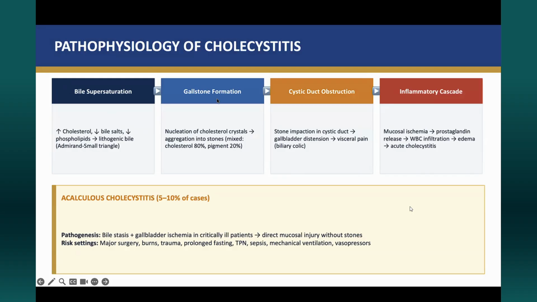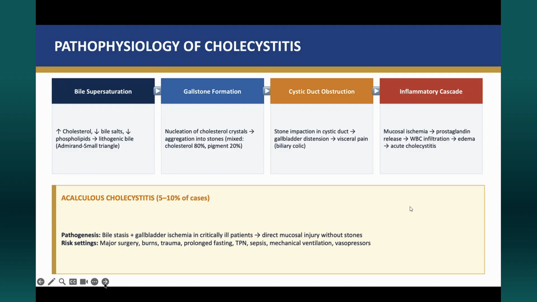You have gallstones, obstruction, and therefore you have inflammatory cascade, which is ischemia, because the bile cannot come out, it becomes inflamed, the gallstones become inflamed, edematous, and you develop acute cholecystitis. There is 5 to 10% of patients who do not develop all of this, but there's no stone. These are critically ill patients, so this is acalculous, but you still develop inflammation of the gallbladder.